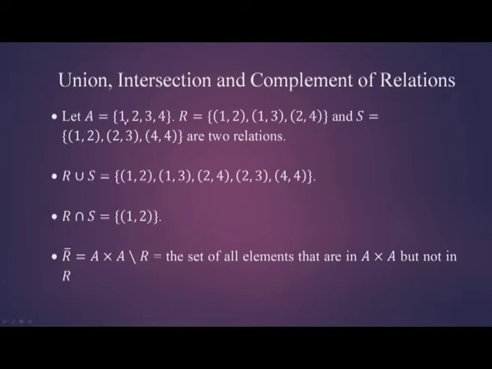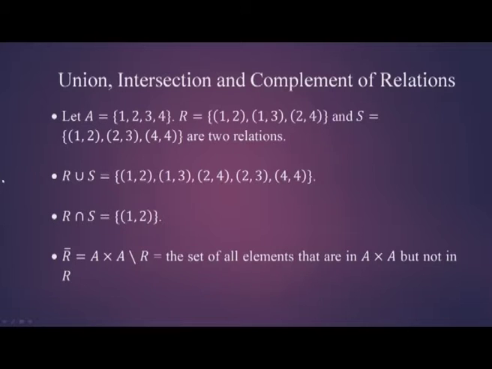Now, we have again a set A which consists of 1, 2, 3, 4, and we have a relation R on A, that is a relation from A to A, that is a subset of A cross A, given by the ordered pairs (1,2), (1,3), (1,4), and another relation S again on A given by the ordered pairs (1,2), (2,3), (4,4). Then R union S is the simple set theoretic union of these two subsets of A cross A. If we take the union, we will see that it is the ordered pairs (1,2), (1,3), (1,4), (2,3) and (4,4).